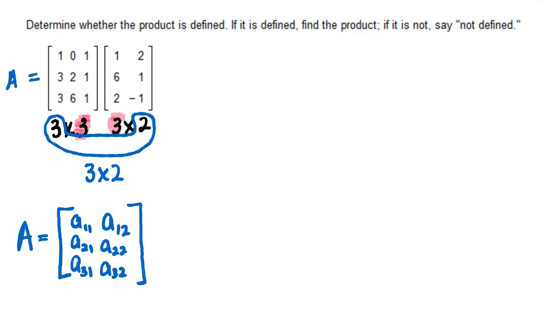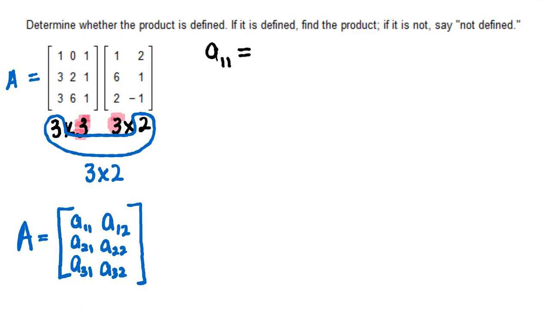These subscripts are referring to the row and column that entry is in. So A11 is the entry in row 1, column 1. A12 is the entry in row 1, column 2. Each one of these entries is a calculation that we need to work out. So let's work out the entry of A11.